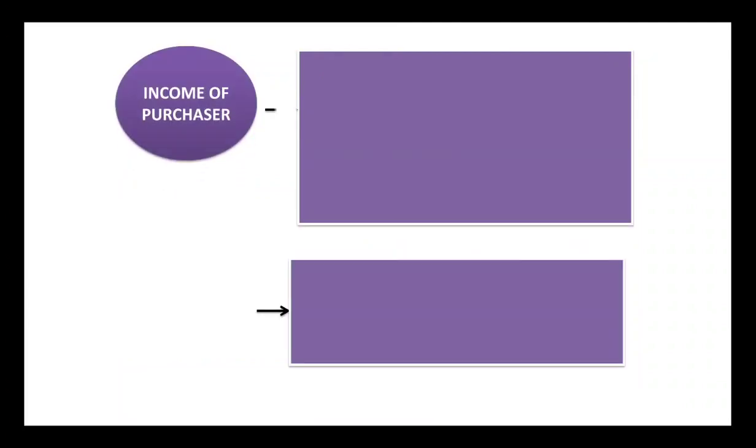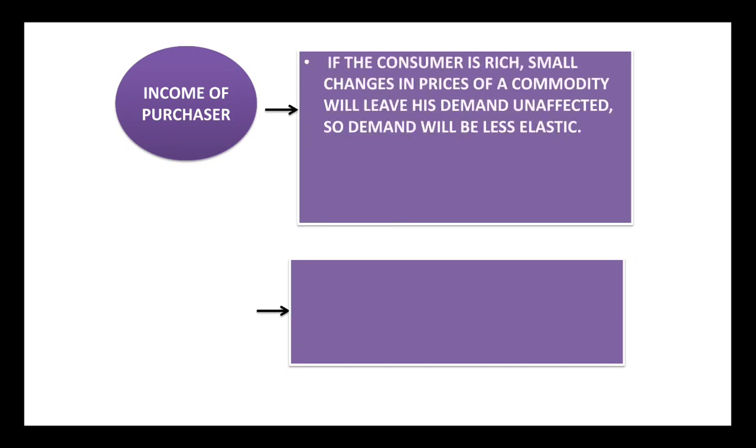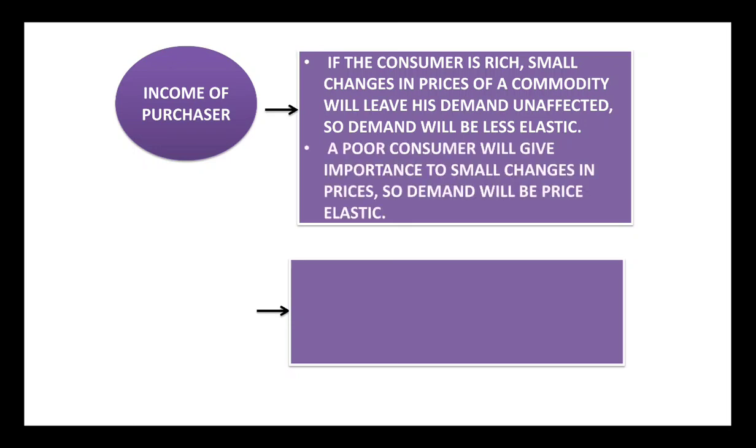Next is the income of the purchaser. If the consumer is rich, it will not affect him much if he is spending a little or more money. So for him, the demand will be less elastic. But if a consumer is poor and the price of a product increases tremendously, he will stop his consumption.